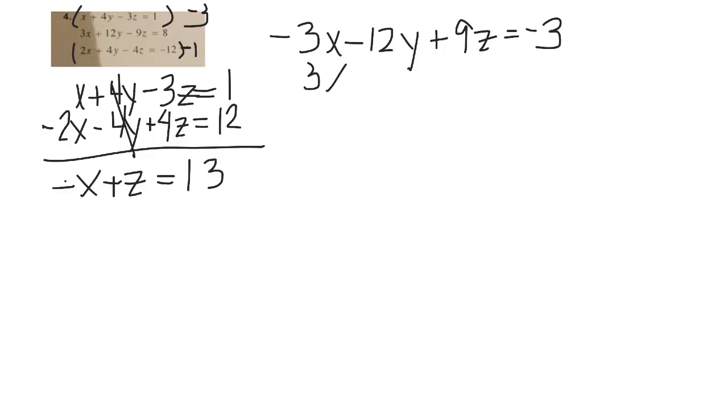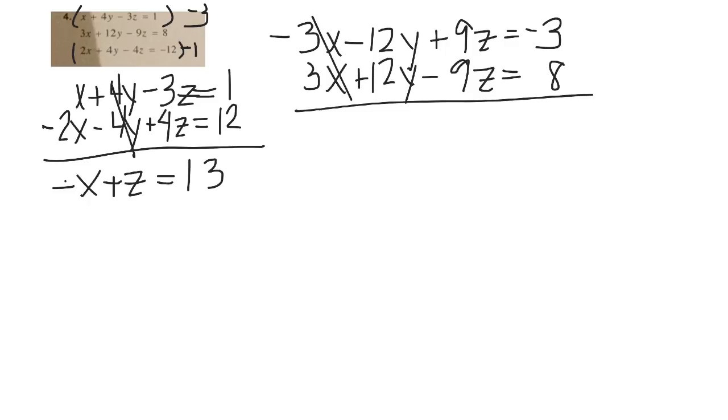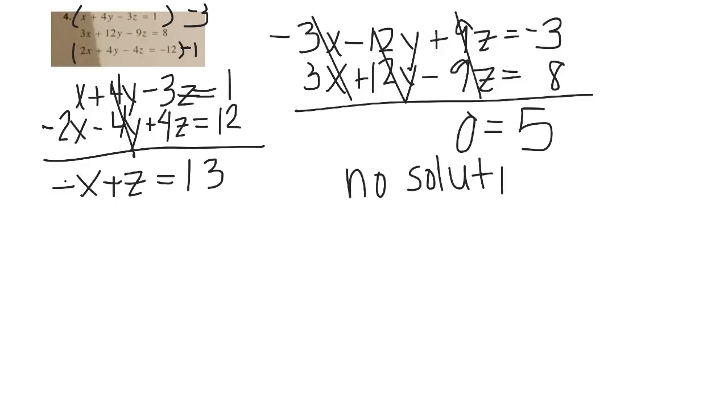So that's positive 3x plus 12y minus 9z equals 8. And my variables are all dropping out here, and I get 0 equals 5, which means there's no solution. And I'm done.